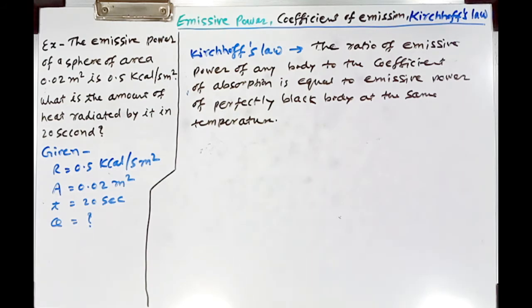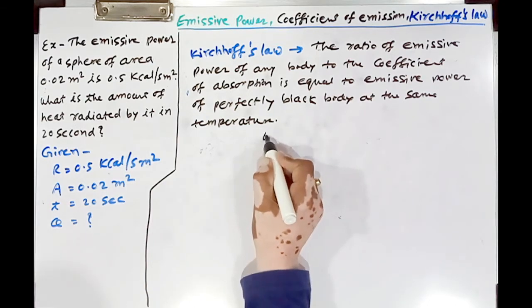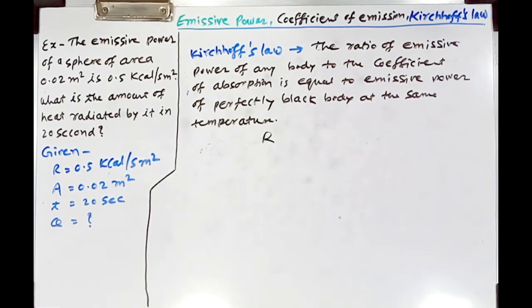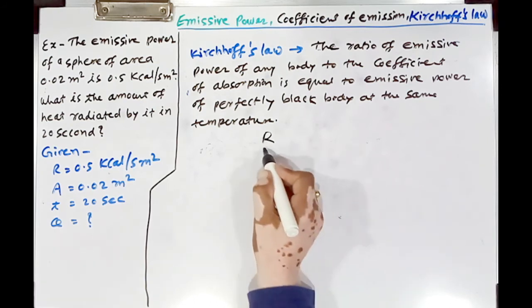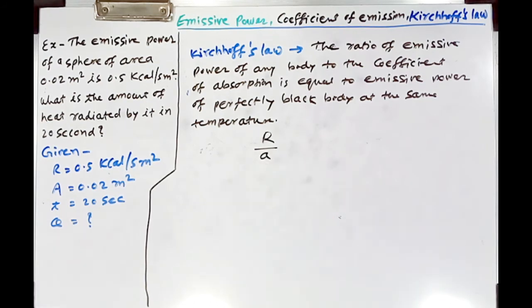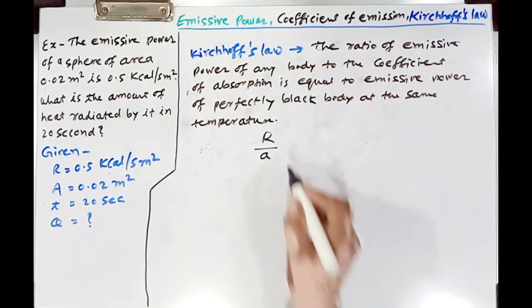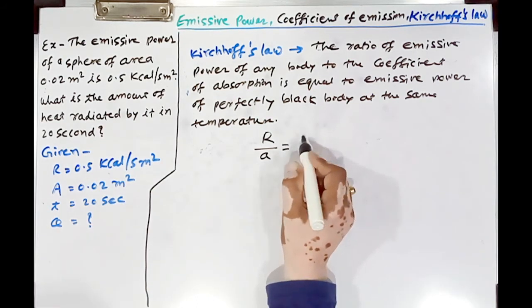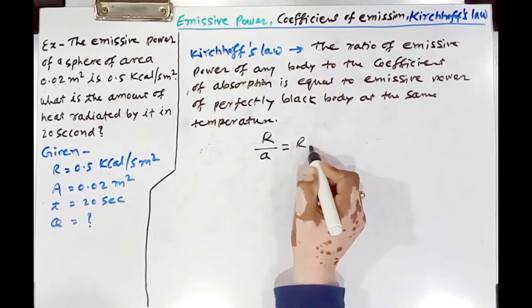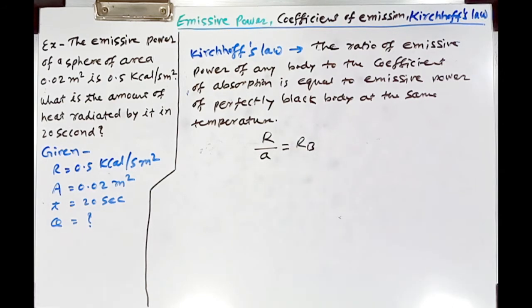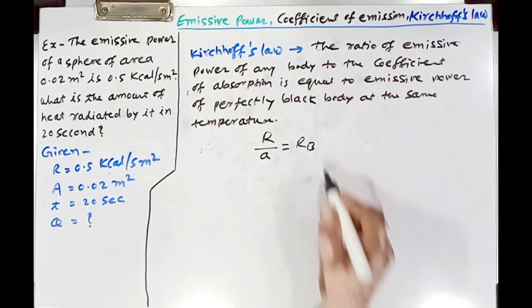The ratio of emissive power of any body, that means capital R, to the coefficient of absorption, small a, that is R upon a, is equal to the emissive power of a perfectly black body, that is R_B. R upon a is equal to R_B.